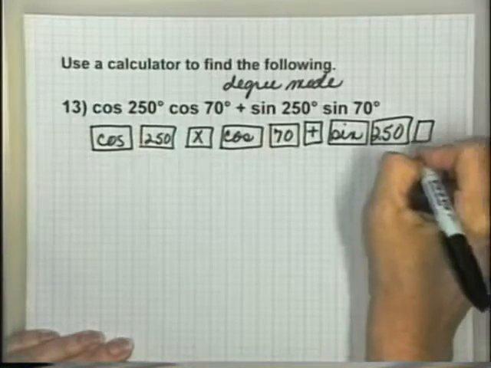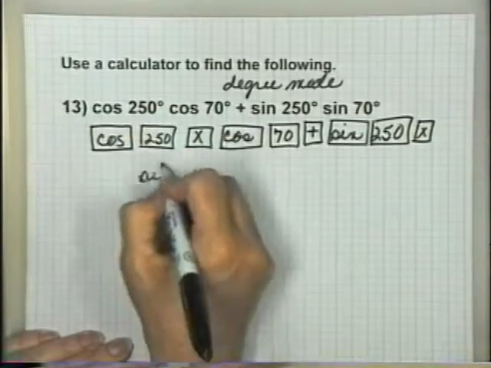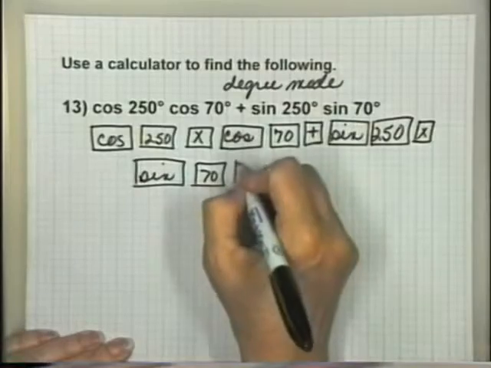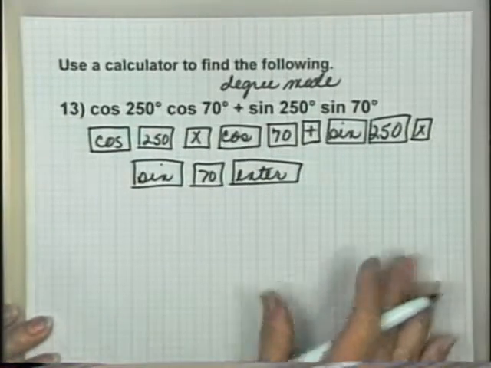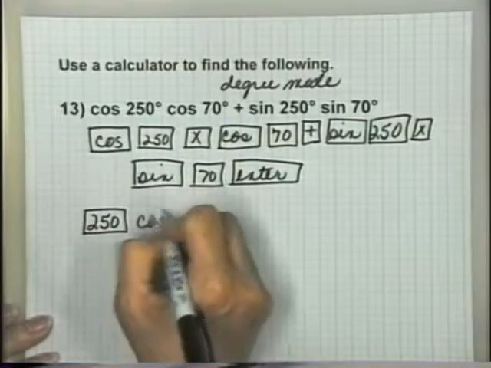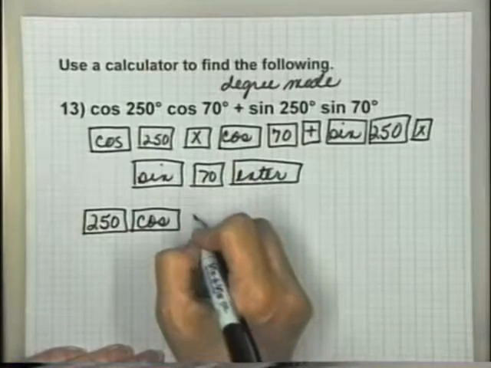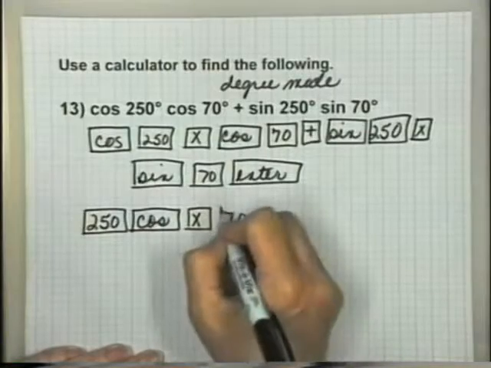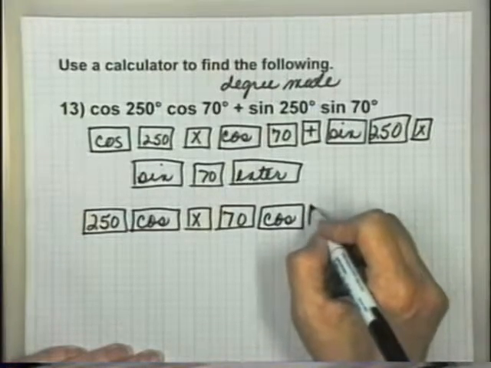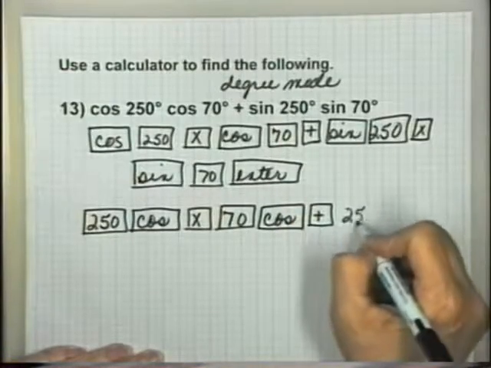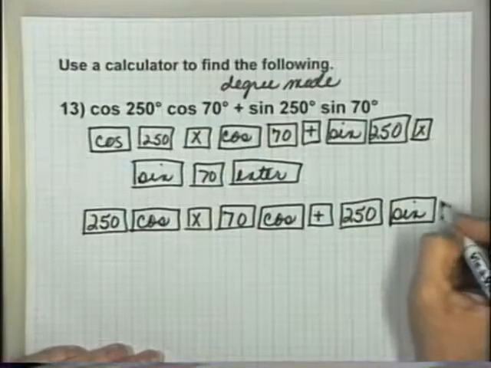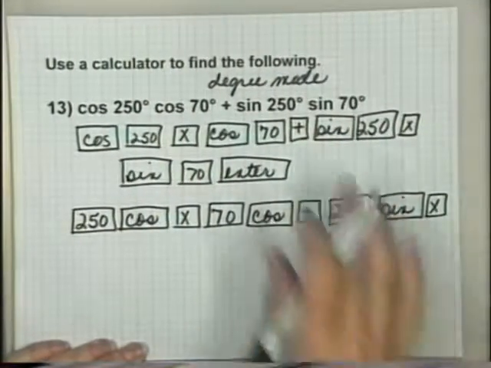250 times sine 70, press enter. On your scientific calculator, you'll need to put your angles in first, 250, then find the cosine of that by pushing your cosine button, times, put your 70 in, and find the cosine of that, plus, now to find the sine of 250, you'll put your 250 in, hit your sine button, times, and then we need to put in the sine of 70.